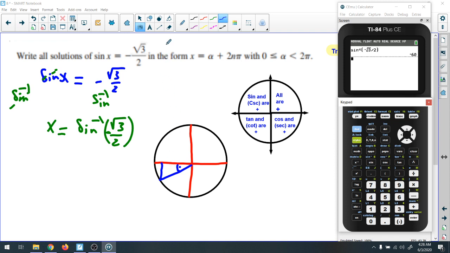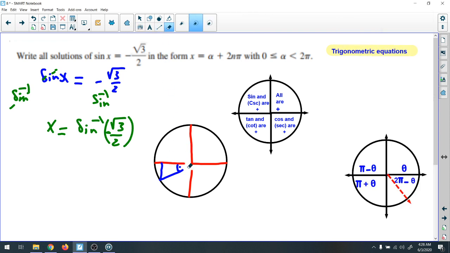Let's do it a little bit more fancy here. All right, this is 60 degrees. Doesn't look like 60, but anyway, you know it. And the opposite of 60, because sine is opposite over hypotenuse, is the square root of 3 over 2.